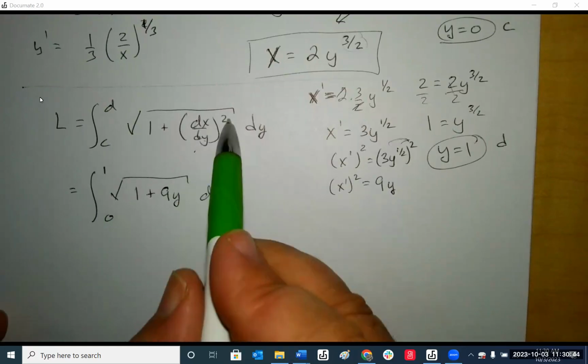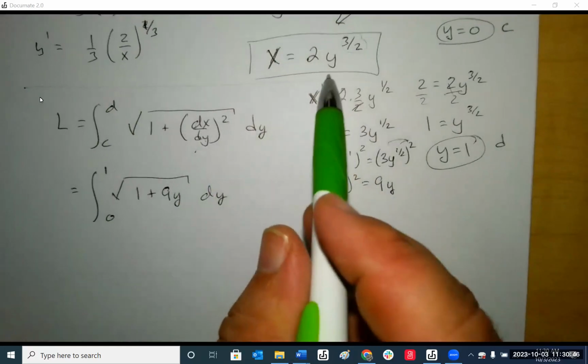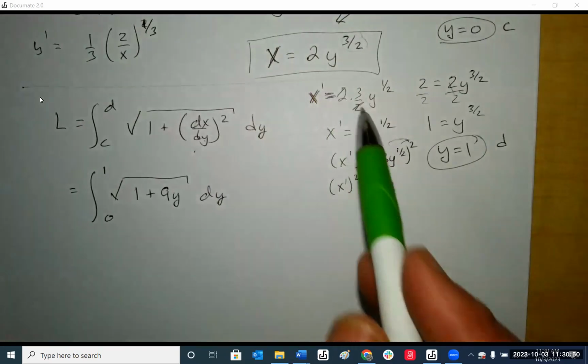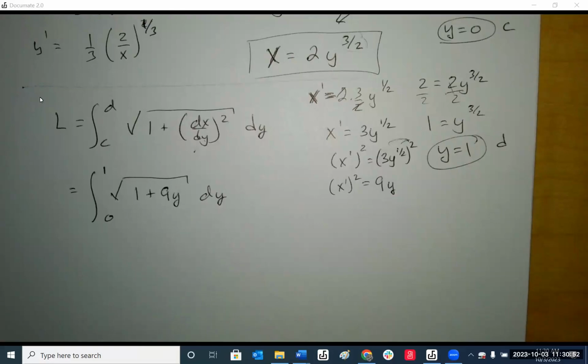Remember, we have to find the derivative squared. So once we transposed it from y equals to x equals, take the derivative and square it. Now we have to integrate it. How do we integrate this? Using which method?